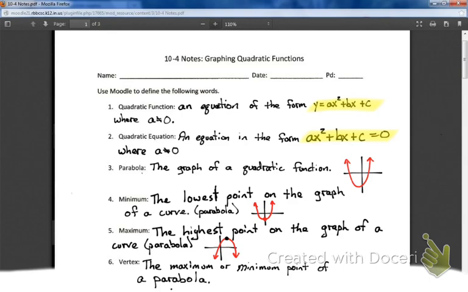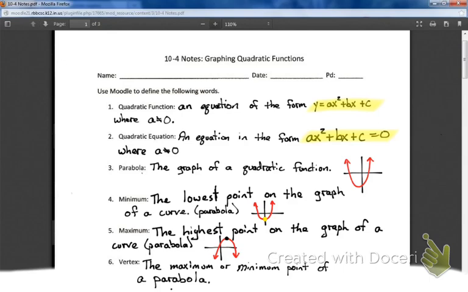Okay, a parabola is the graph of a quadratic function or a quadratic equation where it equals 0, or if it just says y equals, you're going to graph out your parabola, and I gave an example there of what it looks like. The minimum refers to the lowest point on the graph of a curve, and the only curves we're dealing with are parabolas, so it's this point right here that is the lowest point on that parabola.